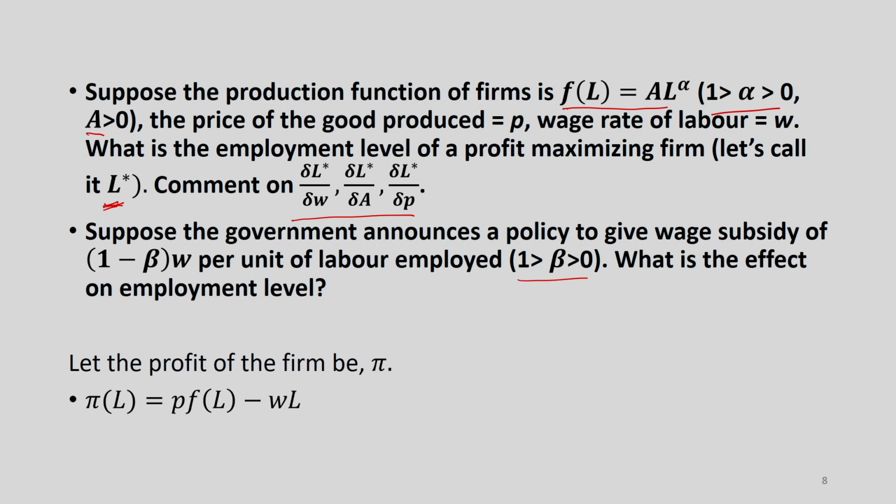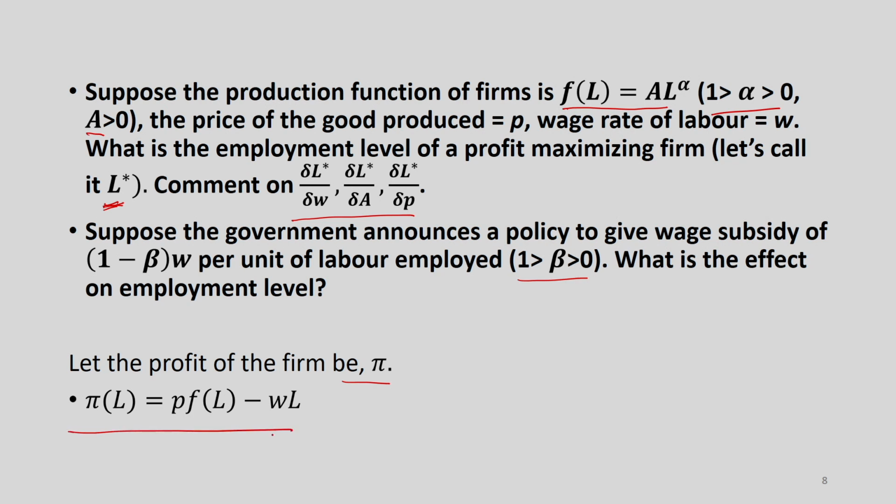Now, we are going to follow the basic rule. We first find out the profit function and try to see at what level of employment L, so L is the decision variable, the producer is going to maximize the profit.